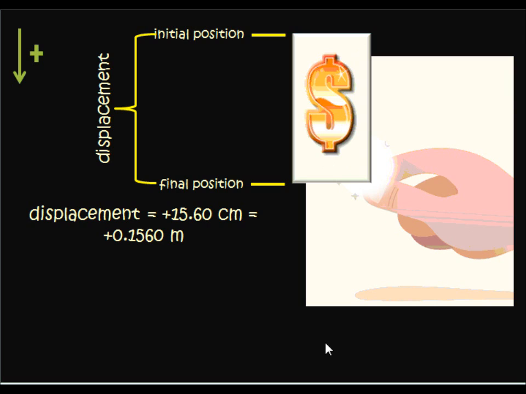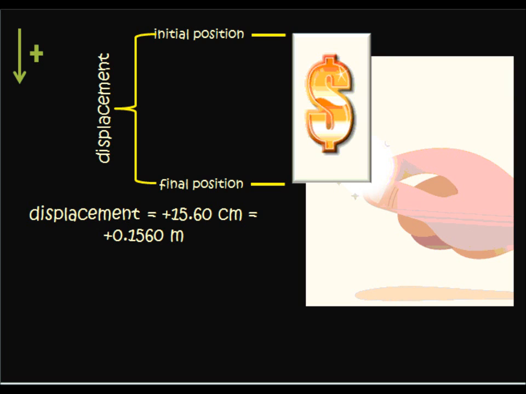Quite often it is convenient to say that the positive direction is whatever direction the object is moving. Because the dollar falls downward in the positive direction, the displacement of the dollar is positive.